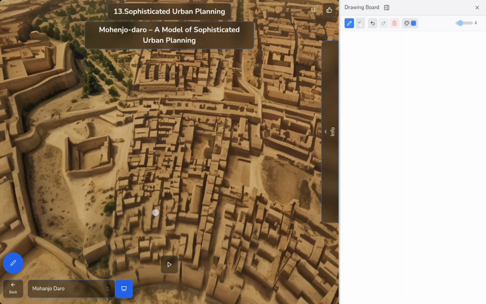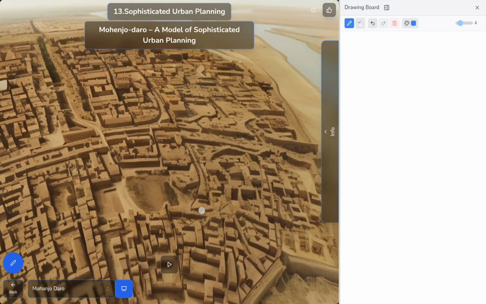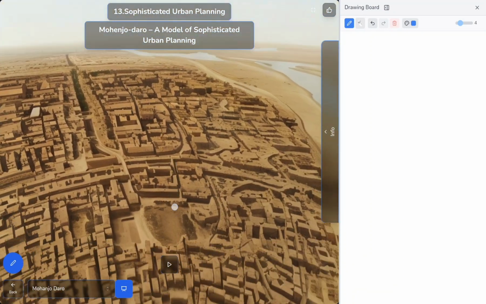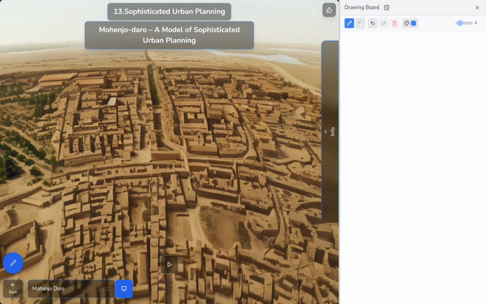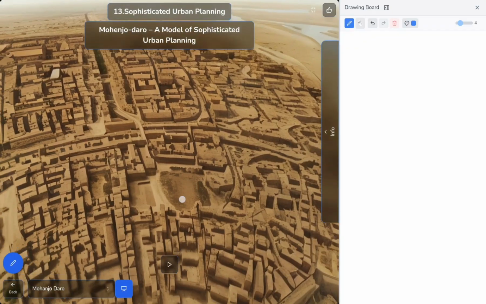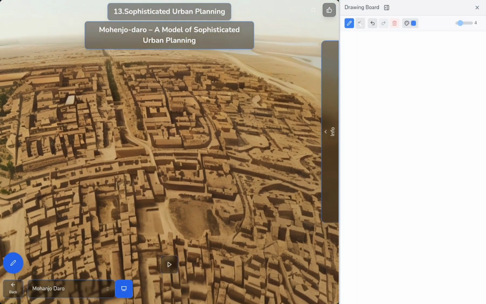At the center of the city stood an impressive structure known as the Great Bath. Okay, the Great Bath of Mohenjo-daro, the large public bath believed to be used for rituals or community gatherings. Let me tell you an interesting fact today. Mohenjo-daro means mound of the dead. Let me write it for you.